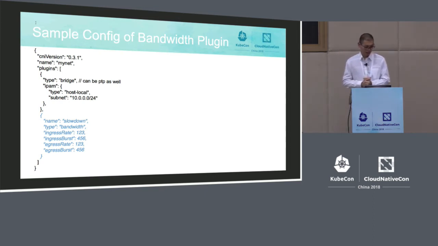This is the bandwidth control plugin. The name is slow down, to slow down the flow and the ingress rate. The ingress rate is 1, 2, 3, randomly assigned. And we have the bits per second, the burst, the maximum allowed ingress is 4, 5, 6. The token bucket: if the flow before is very slow, maybe later it will burst out.